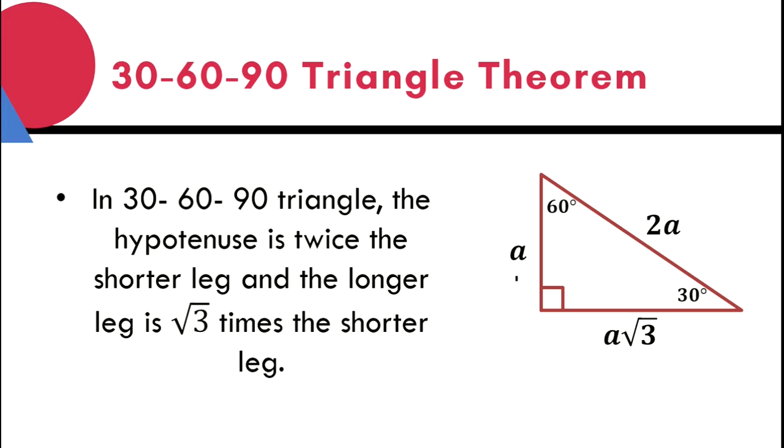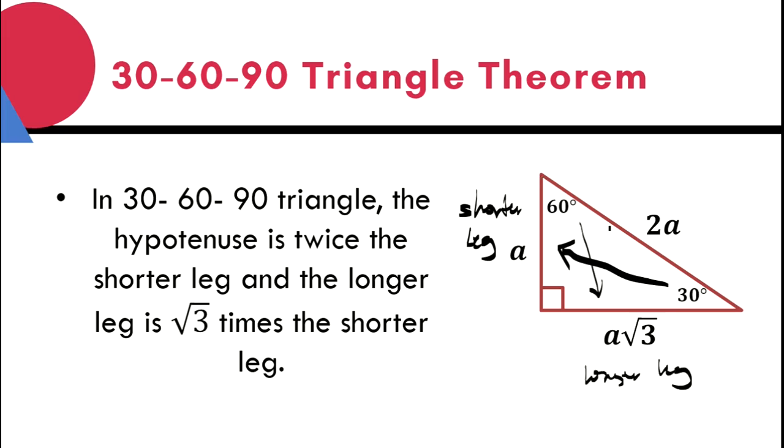If the given is the shorter leg, by the way, the shorter leg is the side of the triangle opposite to our 30-degree angle. So in this given example, this side is what we call the shorter leg, and the side opposite to our 60-degree angle is the longer leg.